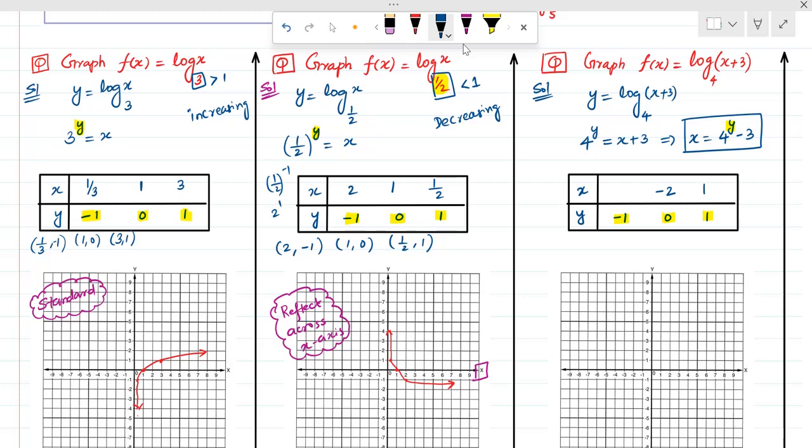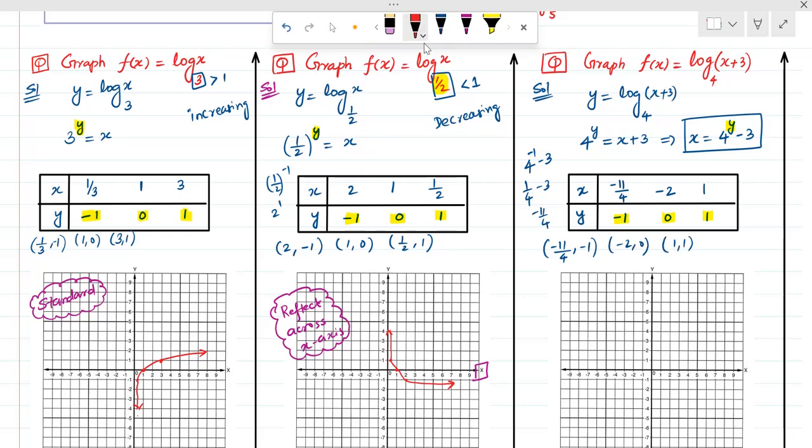When I substitute minus 1, you will get 4 to the power minus 1 minus 3, which is 1 over 4 minus 3. If you cross multiply, you get 1 minus 12, which is minus 11 over 4. Now I got the coordinates: minus 11 over 4 comma minus 1, then minus 2 comma 0, and 1 comma 1.